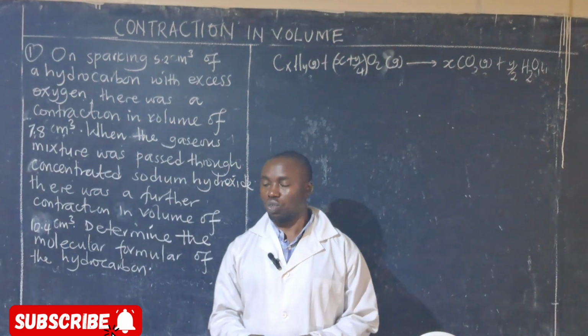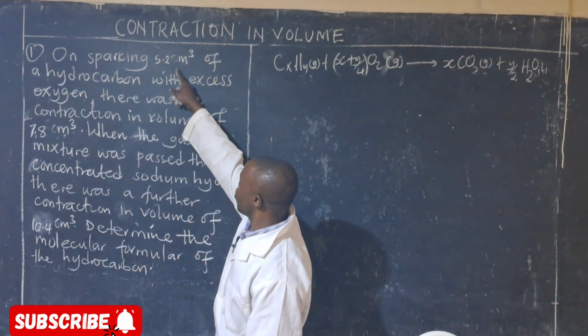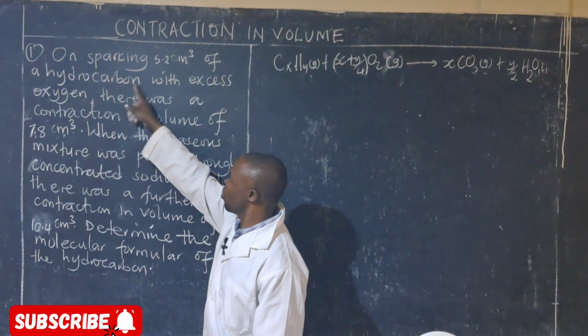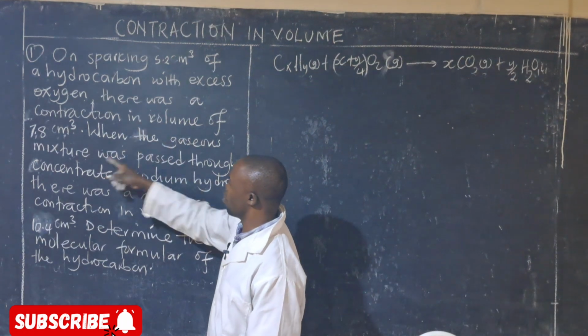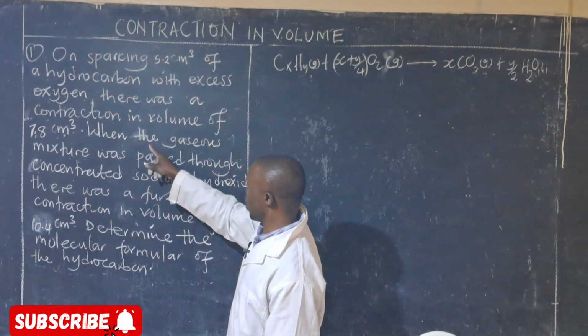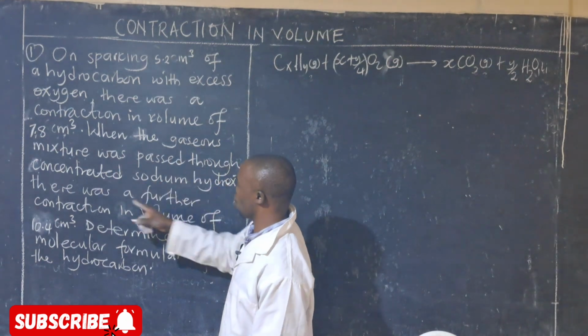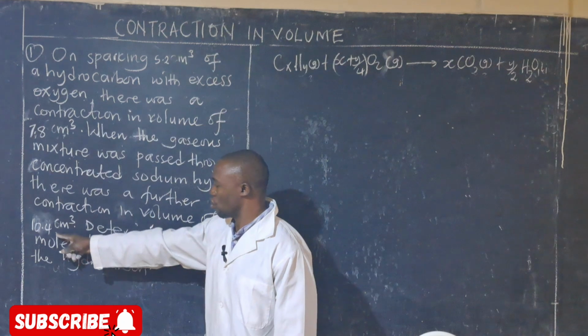Let us look at question 2. On sparking 5.2 cubic centimeters of a hydrocarbon with excess oxygen, there was a contraction in the volume of 7.8. This is the first contraction. Then when the gaseous mixture was passed through concentrated sodium hydroxide, there was a further contraction of 10.4.